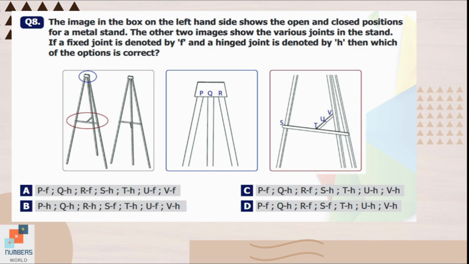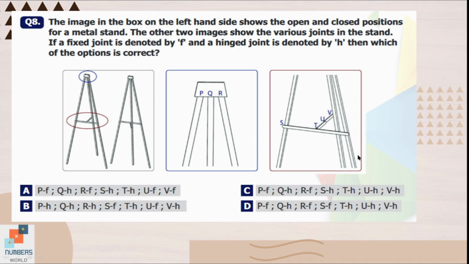So we are left with two options over here. In option C and D, the first three parts and the last three parts are the same. Like P and R are fixed joints, so that's fine. Q is a hinge joint, so we can see that due to Q, the stand will move. Then T, U, and V are also hinge joints, that's fine. So these four joints can move the stand.